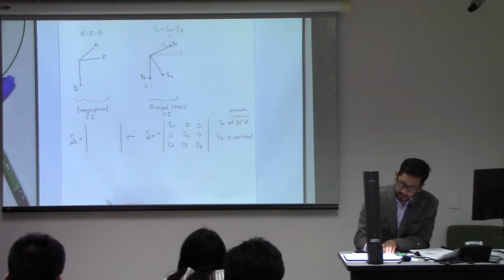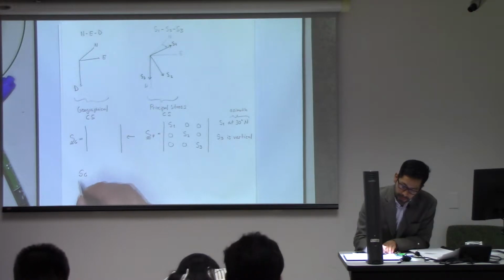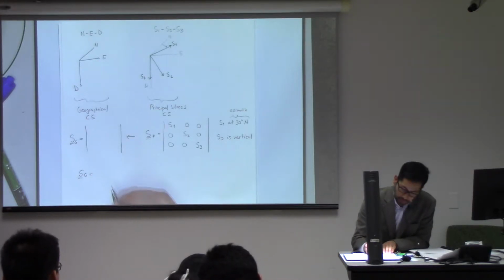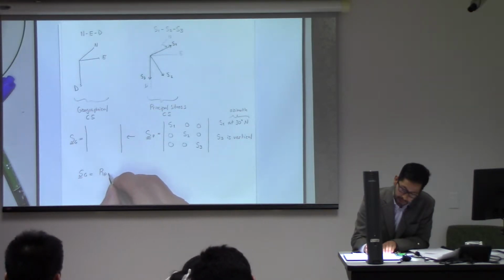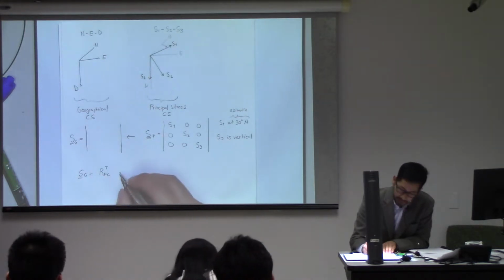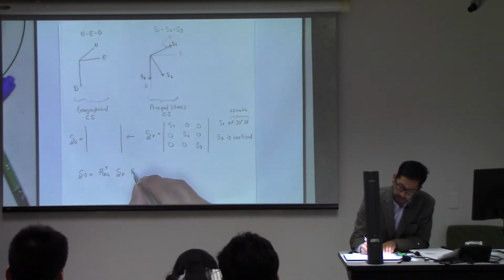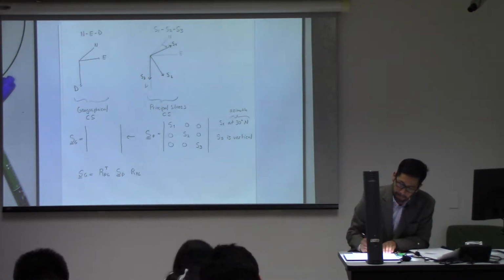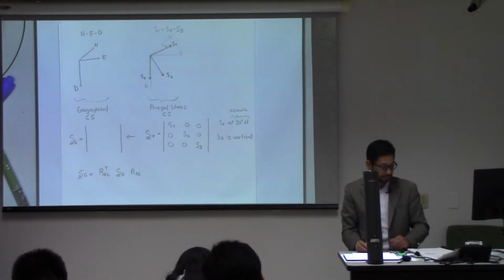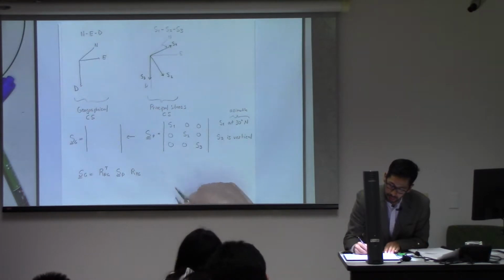But it's just a change of coordinate system in which SG is going to be equal to a rotation matrix going from the principal stress coordinate system to the geographical coordinate system, transposed, times that tensor that we know how it looks, times that same matrix.